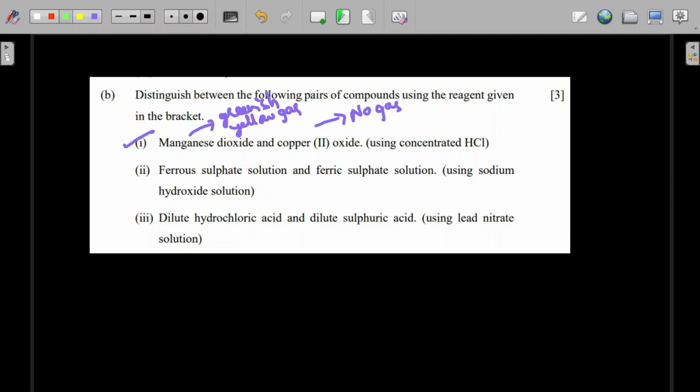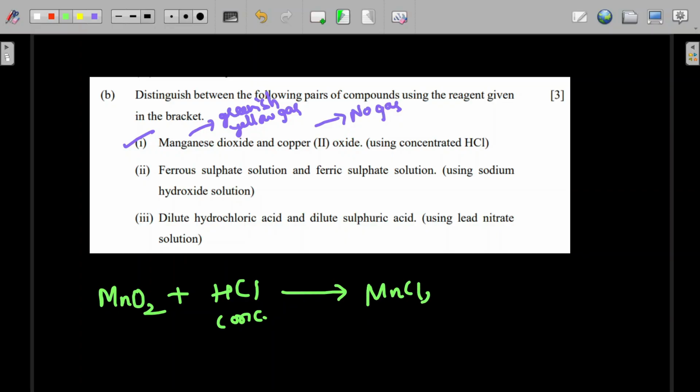Sometimes they may also ask you to write the equation. Remember, this is the only reaction of conc HCl you have. So you will get MnCl2 plus H2O plus Cl2. So you are getting a greenish yellow gas.